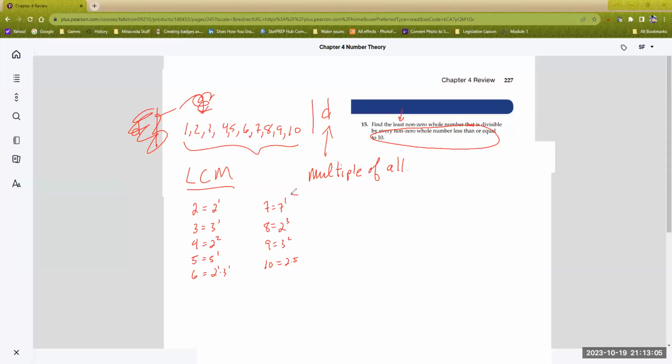So again, I want the LCM of all of these.